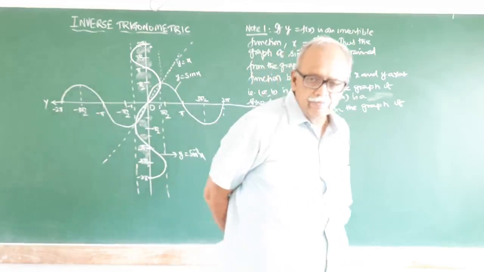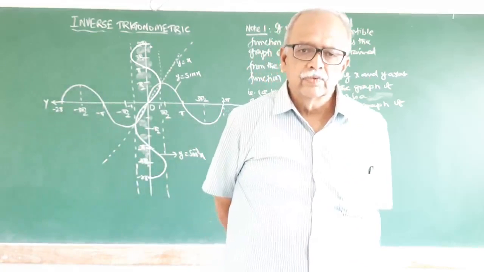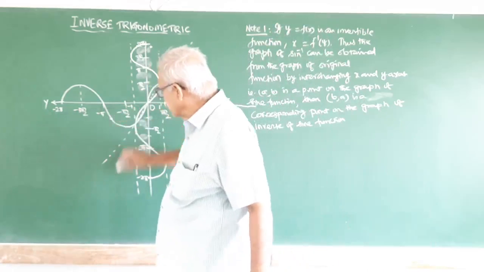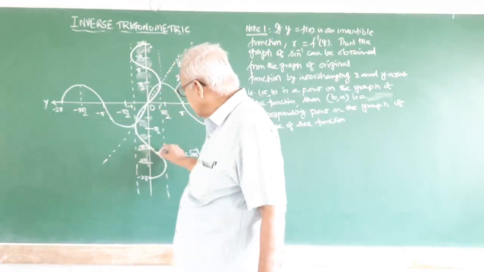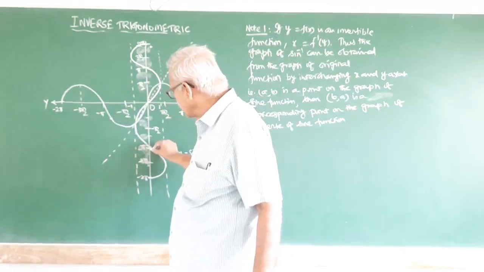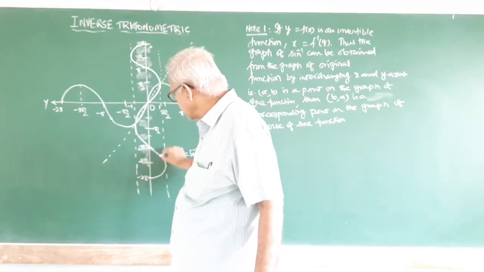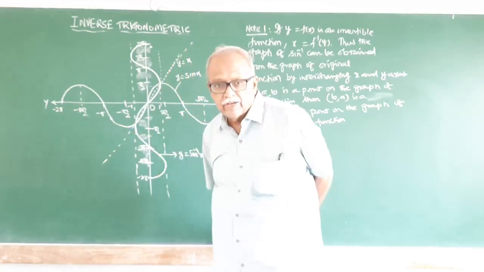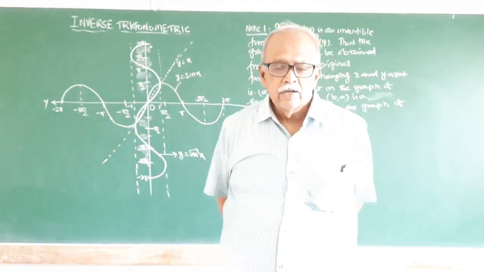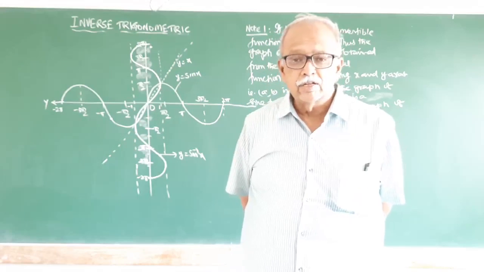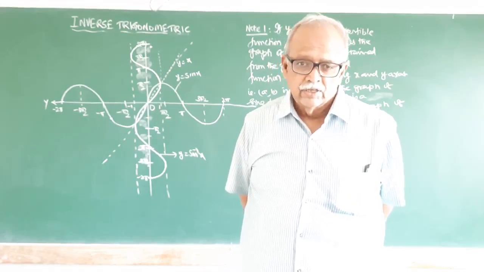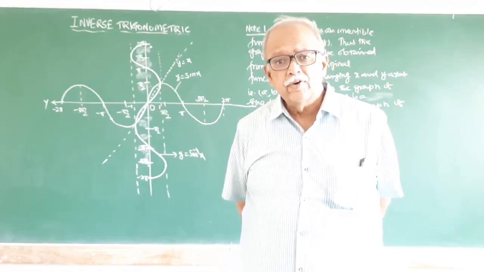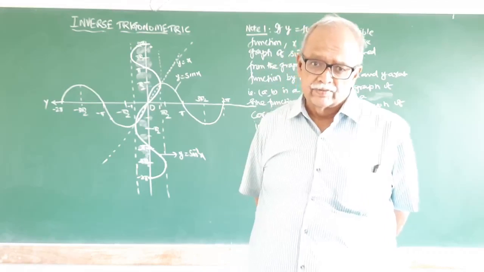Suppose you have (a, b) as a point here, then its mirror image will be somewhere here. If this is (a, b), this will be (b, a). You understand that? So if (a, b) is a point on the sine function, then (b, a) is the corresponding point on the inverse graph of the sine function.